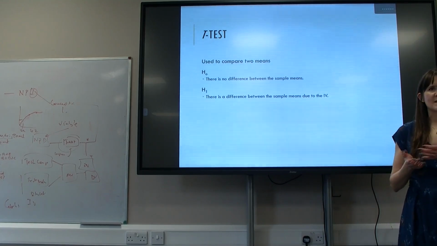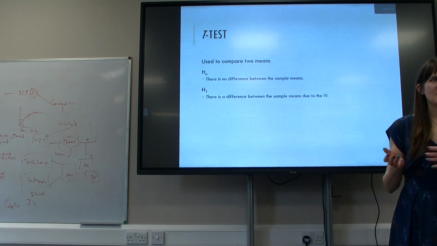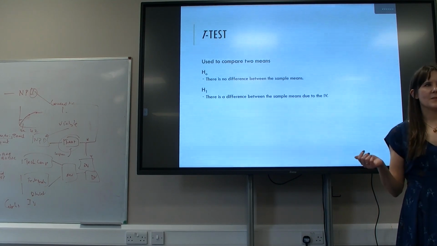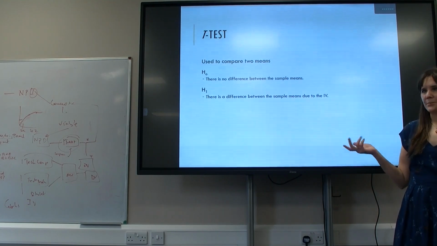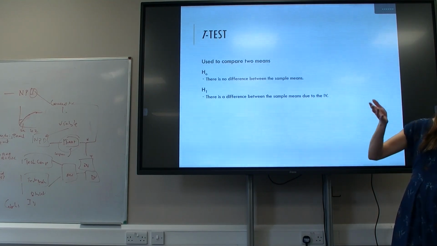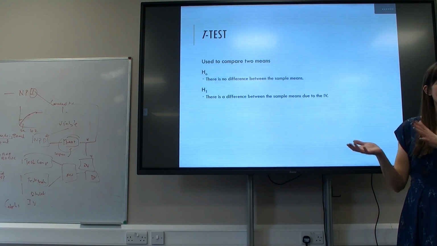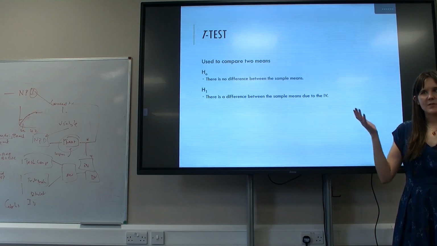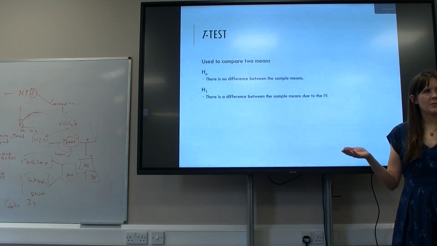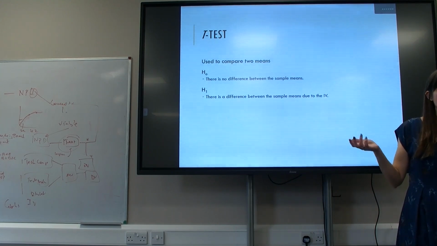And your hypothesis that you're testing would be that there is a difference between the mean scores. So, for example, Sama's tea study example, looking at the level of antioxidants between green tea and matcha tea, we could compare those with a t-test because we're comparing two mean scores.